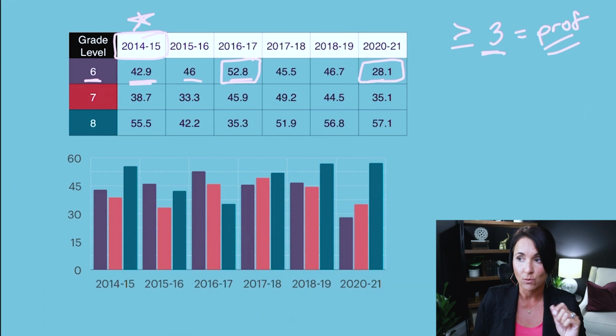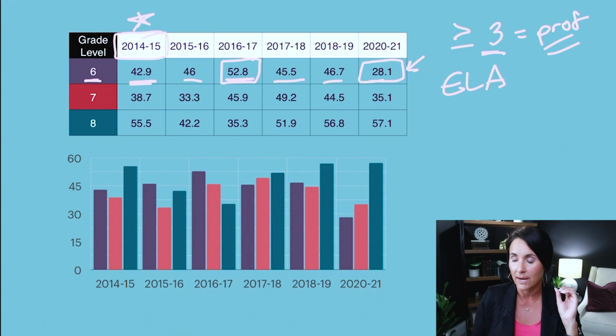That's more than 50% proficient in reading in ELA. This is an English language arts exam. However, we started to decline, and then this huge drop right here is very concerning. That's a 50% drop from 2016 to 2021. So that is significant. I want to keep that in mind as I'm working through this, all right?